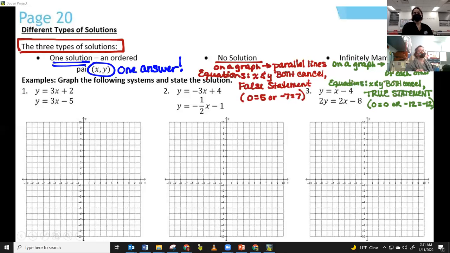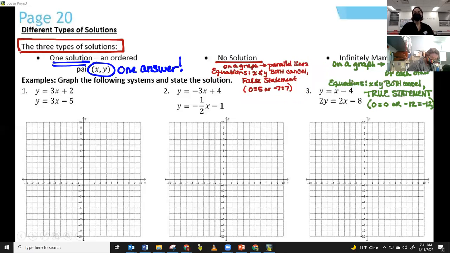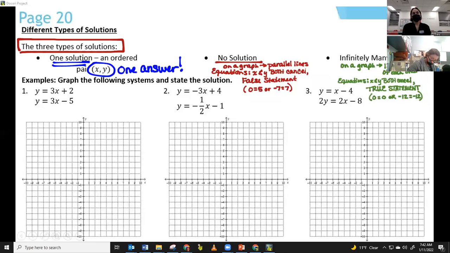All right. I want to look at these graphs, and then we'll look at some equations, and we're going to try to determine how many solutions each one has. So on the first system, on number 1, I'm looking at the top equation. Where should I put my first point with the top equation on number 1? I'm going to do this line in purple, I think.